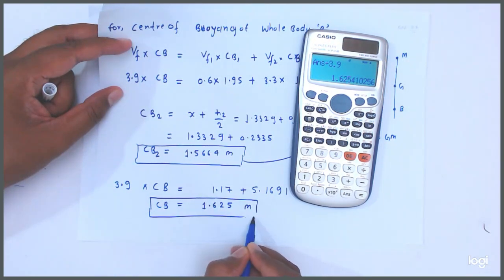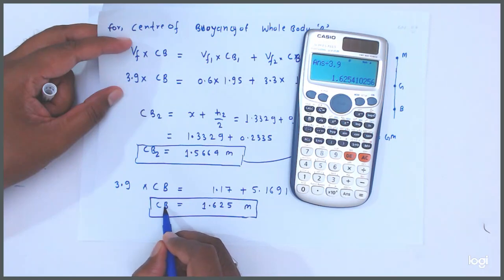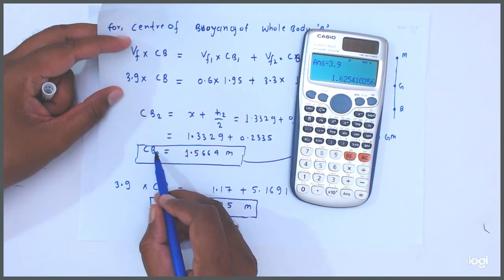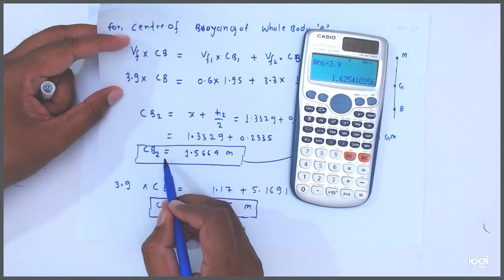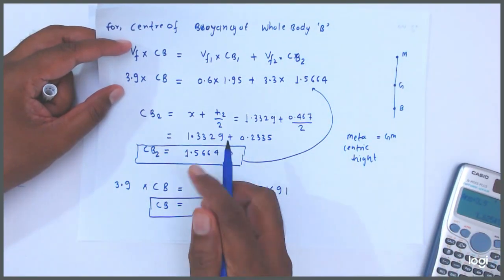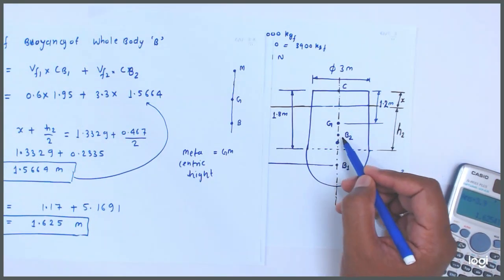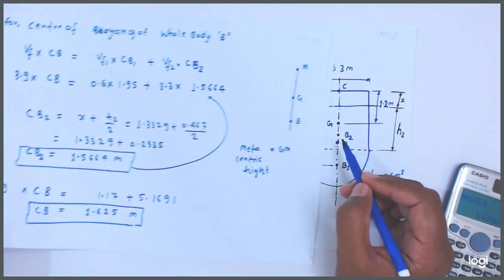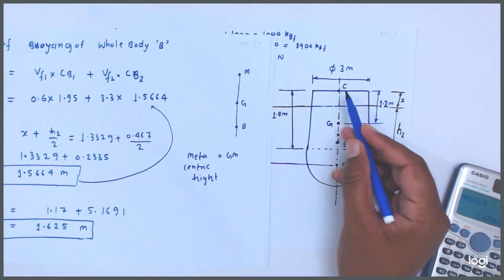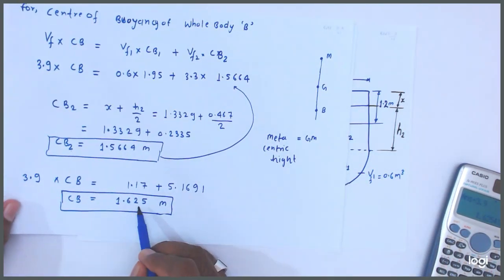It means, friends, that the center of buoyancy of the whole body is just below the center of buoyancy of the second part. Here you see the CB2 distance is equal to 1.566 and the CB distance is equal to 1.625.